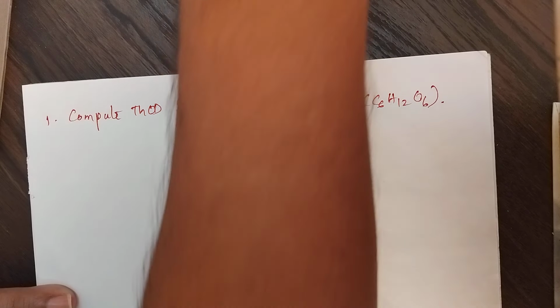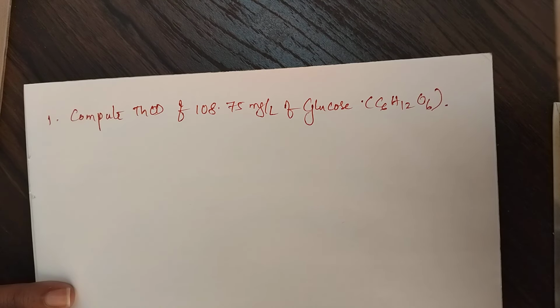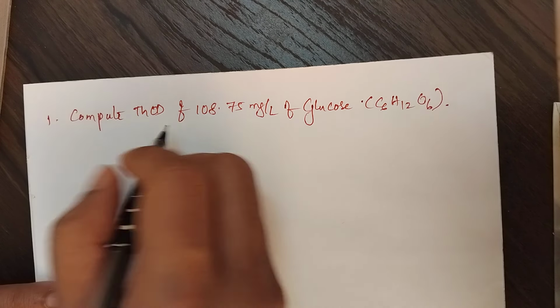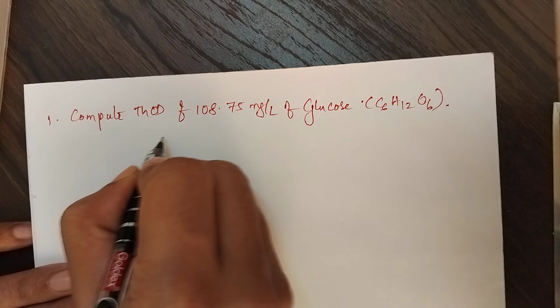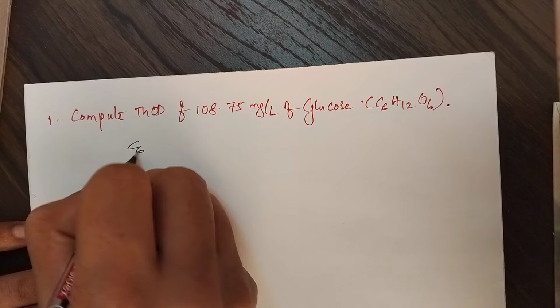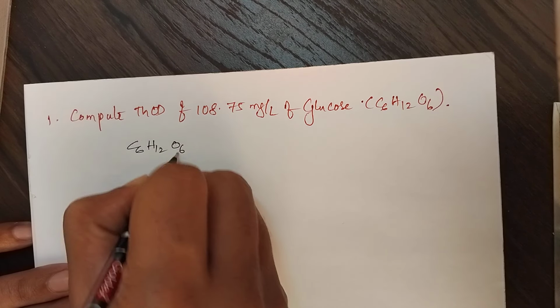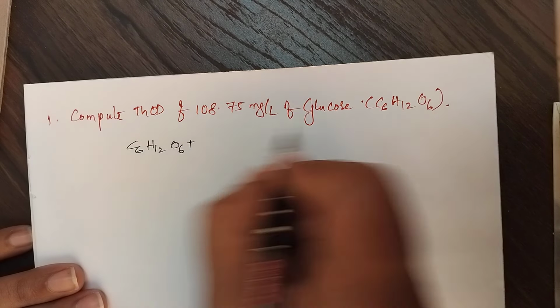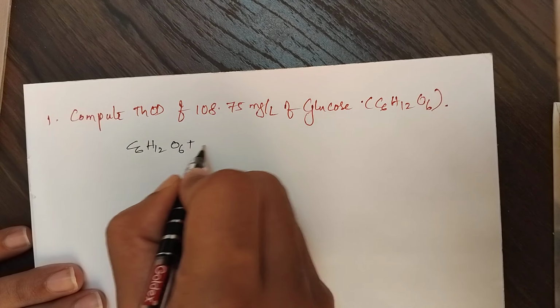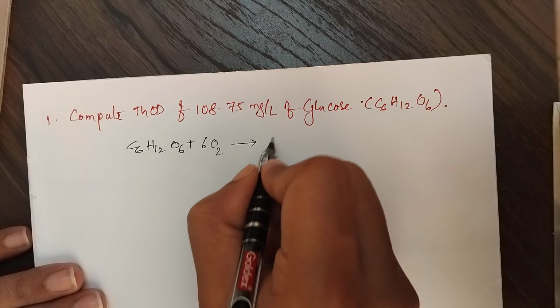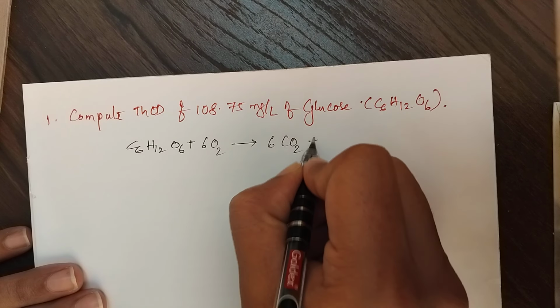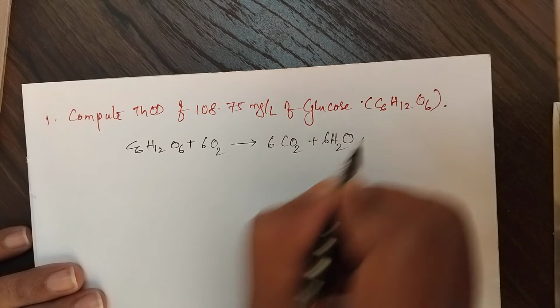C6H12O6. So theoretical oxygen demand is basically the stoichiometric oxygen demand based on the chemical formula. So write the stoichiometric equation: C6H12O6 is converted into CO2 and H2O by oxygen: C6H12O6 + 6O2 gives 6CO2 + 6H2O.